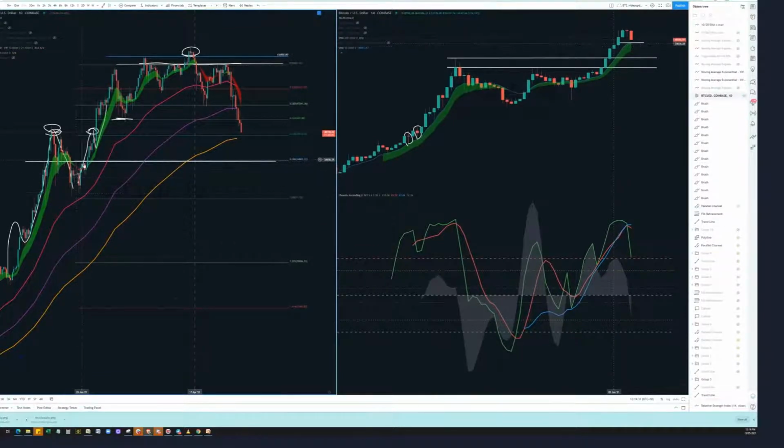The neckline could play support here. That was the neckline, so you can see support and resistance. If this doesn't hold, this is where we're going.